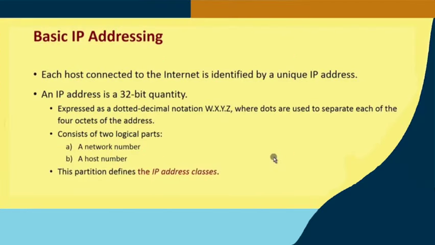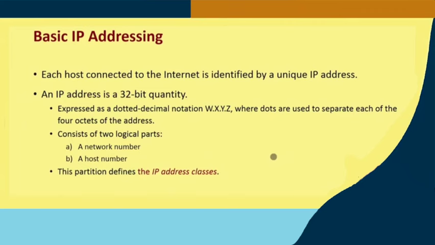Let us see. When you talk about IP addressing, we need to understand what is the basic role of IP. IP is a protocol of the TCP/IP family that works at the network layer level, and IP ensures some kind of uniqueness of each node or computer that is connected to the internet.